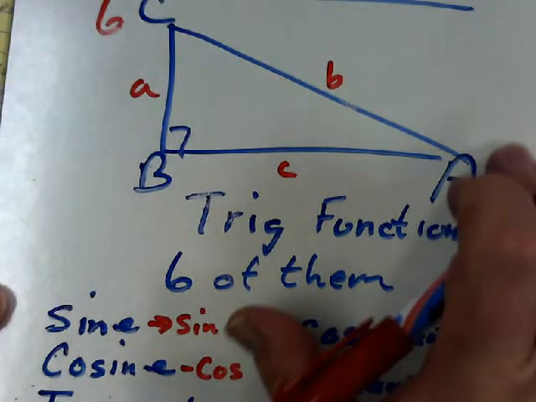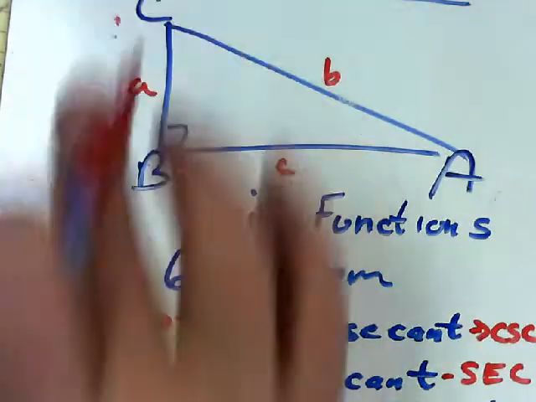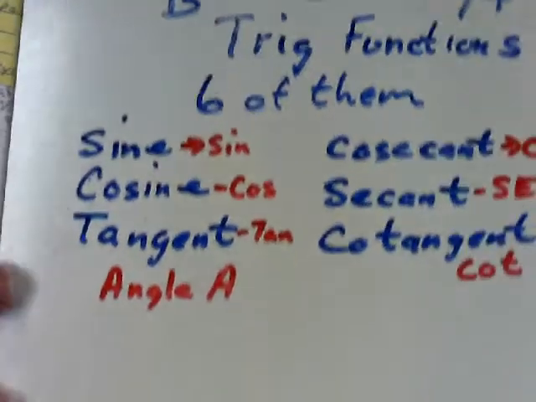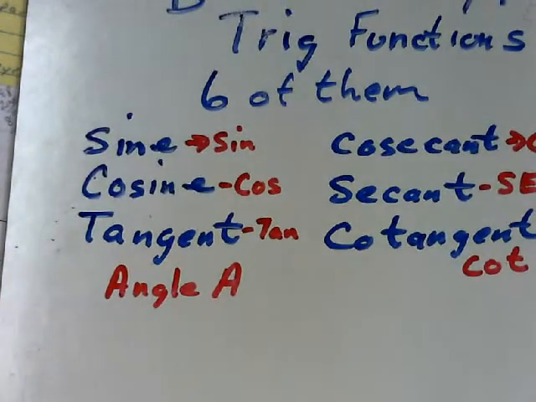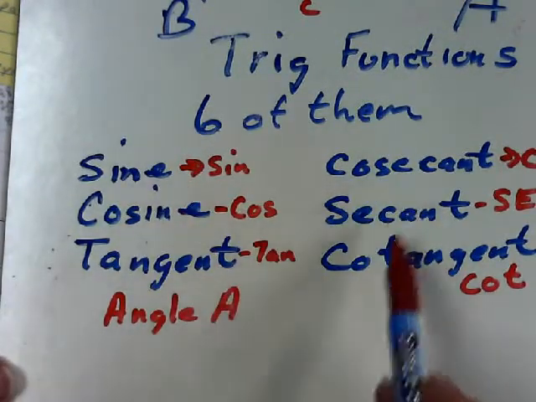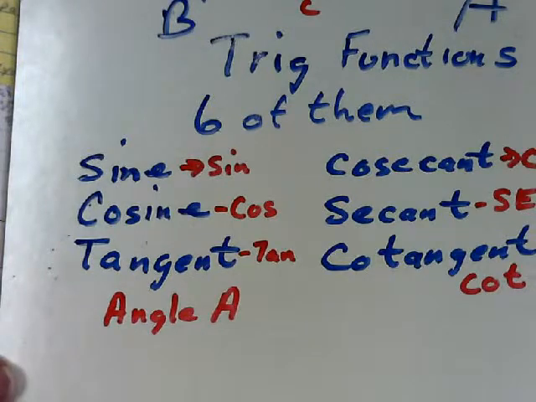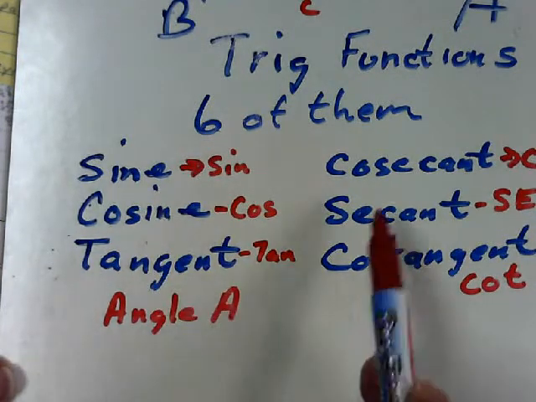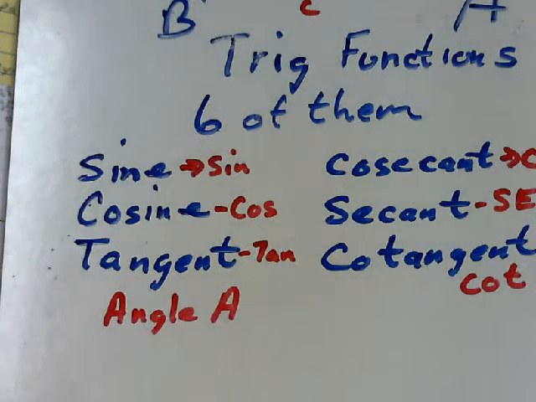Okay? So if I'm worried about angle A, we said there are these 6 definitions, right? Each one of these is a ratio of sides in that triangle.